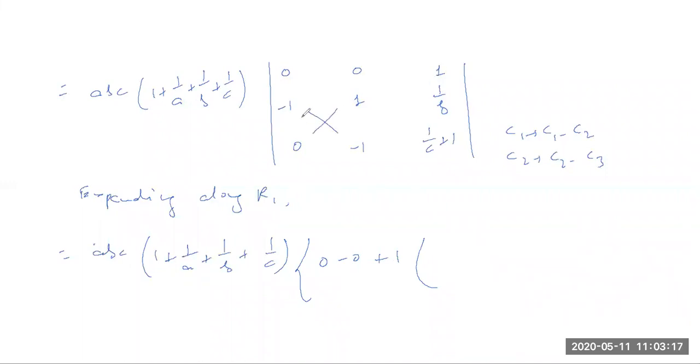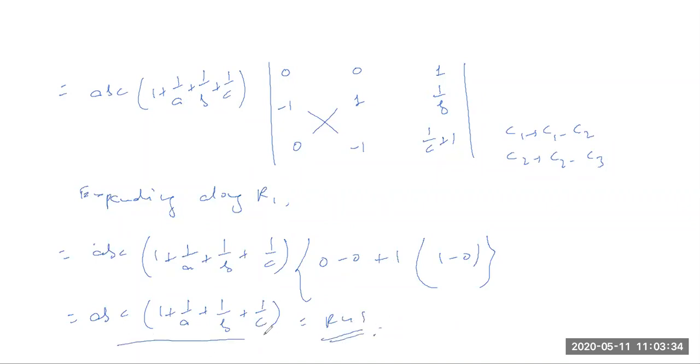These two will multiply. It will be 1 minus 0. So this is just 1 overall, and we'll have ABC and 1 plus 1 upon A plus 1 upon B plus 1 upon C. Okay, so in this way we can prove this, and this value will be equal to that by simplifying it, right? So this is how we can solve such questions.